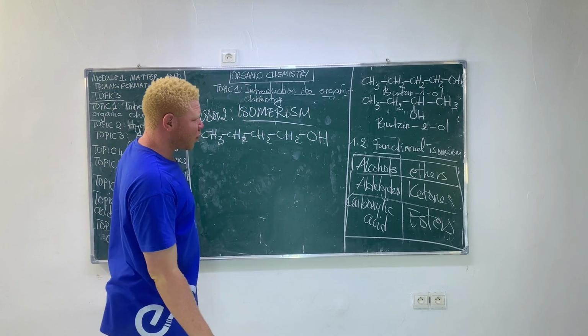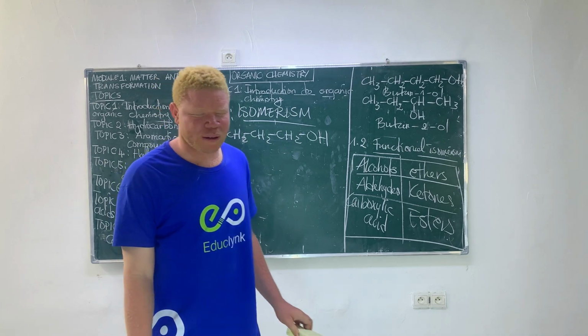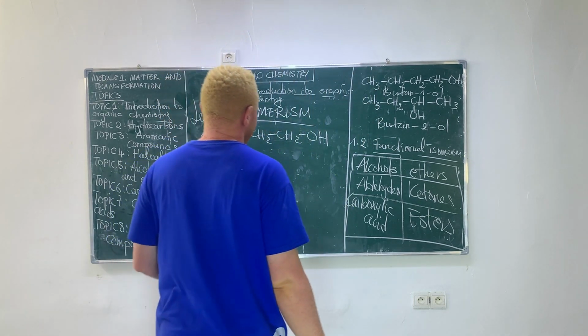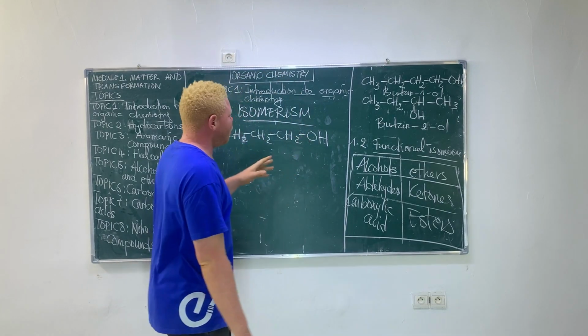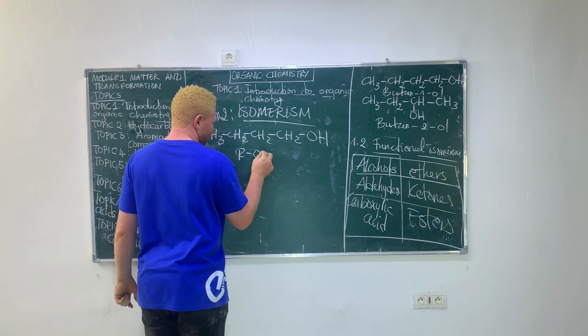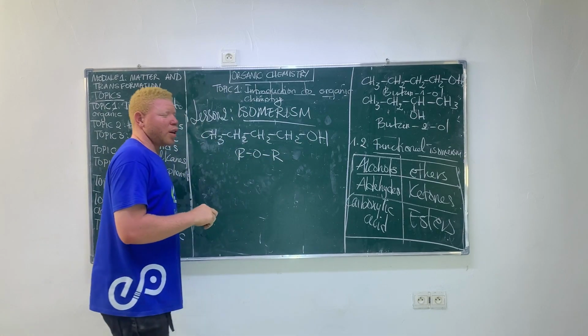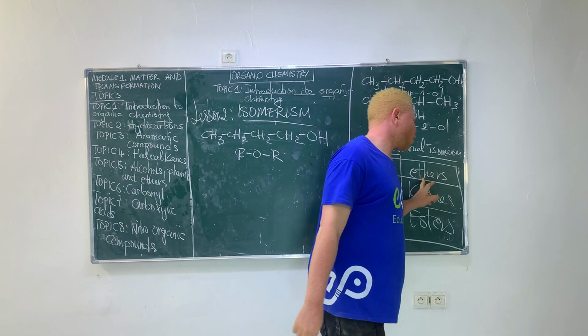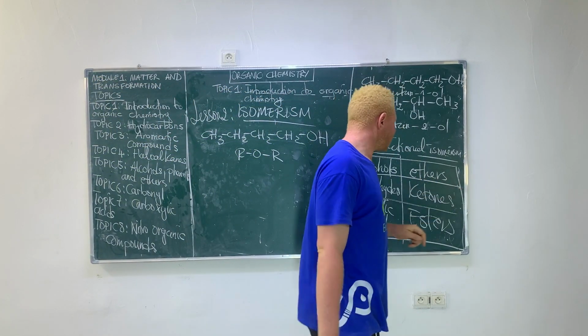For the ether, you would put the O in the middle of the compound, because the ether is R-O-R. The functional isomer of the alcohol should be an ether.